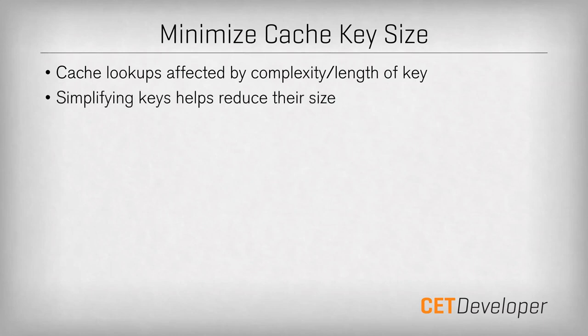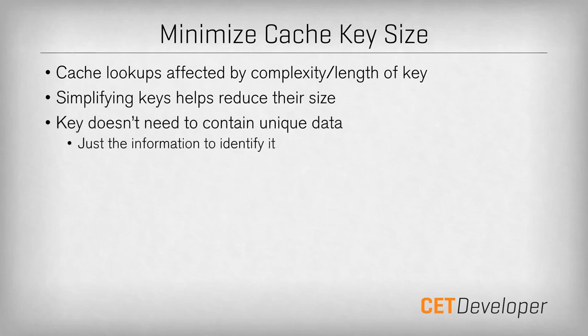Simplifying them, as we just described, is a big help, but we can actually do even better in order to get a good cache. We don't actually need the cache key to contain the data that we're caching with. So if from the previous example, width was the important value, technically we don't actually need to use the width as the caching key.